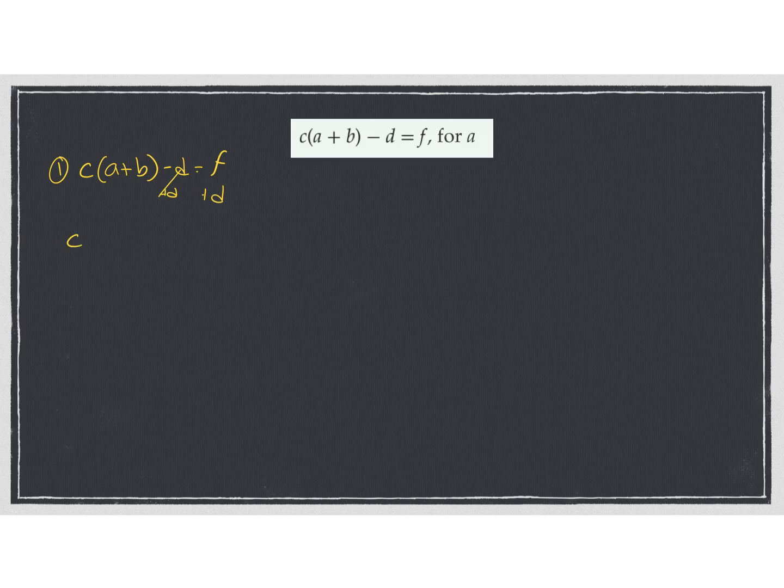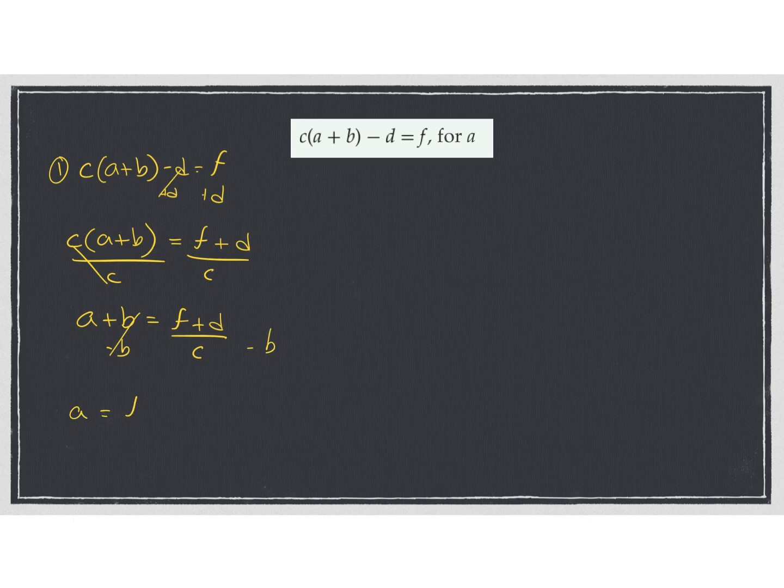And I'll get C, parentheses A plus B, equals F plus D. You can divide by C to cancel out that multiplication, and you're left with A plus B equals F plus D over C. I can subtract the B on both sides, and I'm left with A equals F plus D over C minus B. This is one way of doing this problem.